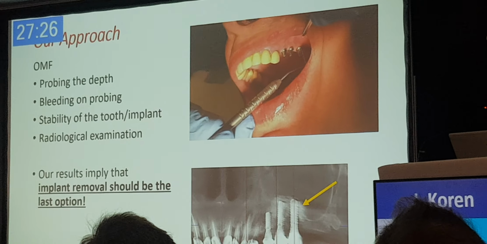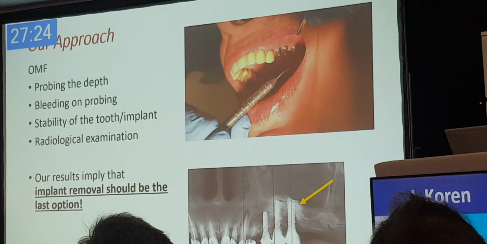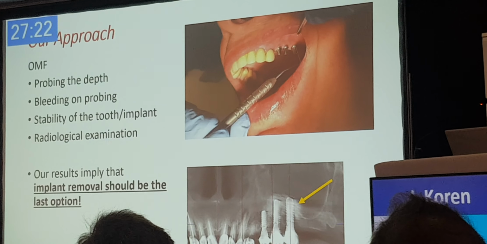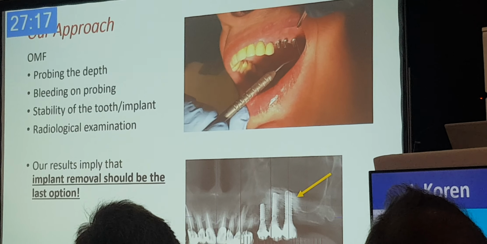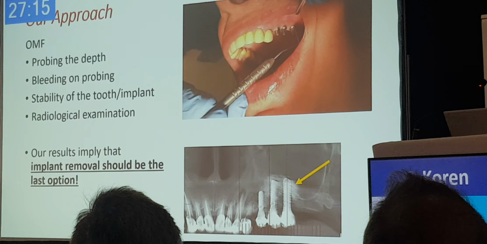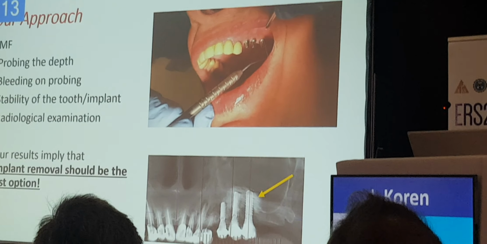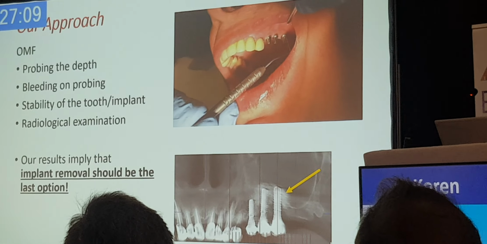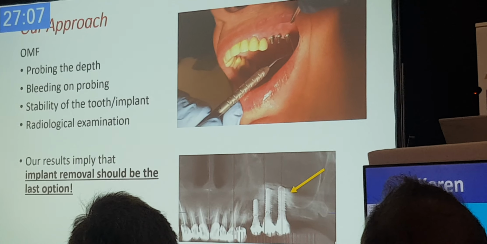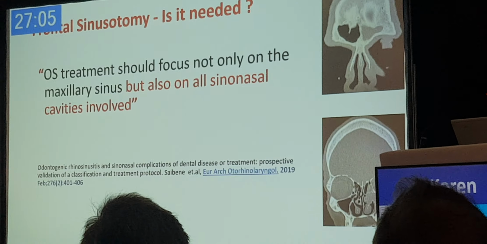But our approach is to probe the depth and check whether the implants are useful or not stable or bleeding around, by the oromaxillofacial surgeon. So our results imply that implant removal should be the last option, if the implant is not stable, bleeding, and severe peri-implantitis is around it.